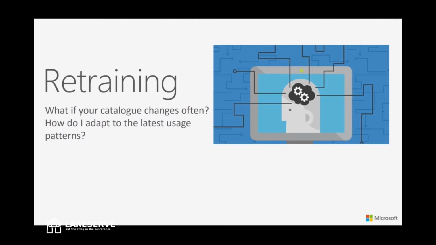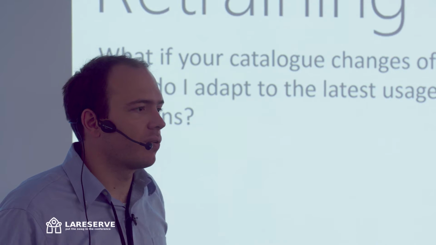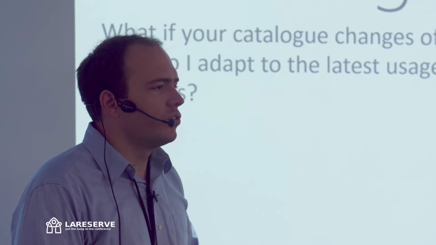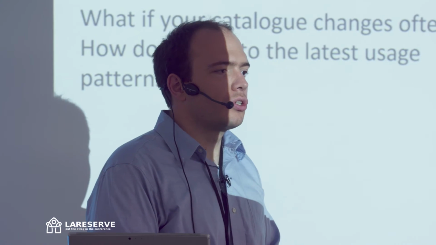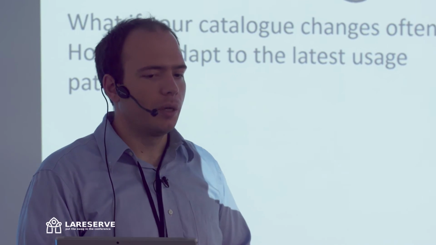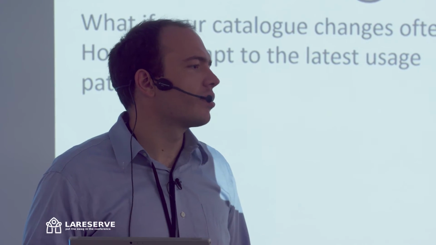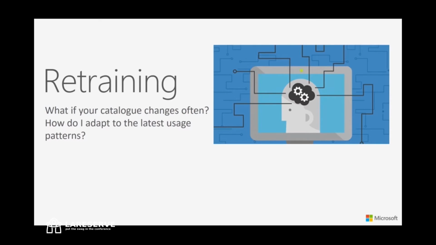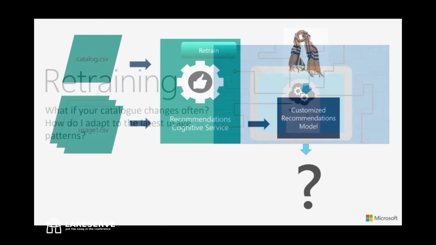So the retraining API, we haven't really talked about this for Azure ML, but for the recommendations API, just like for Azure ML, we can be continuously updating our history of usage so that our recommendations are improving over time, just like they do with Netflix or Amazon or anybody else who's doing state-of-the-art recommendations.